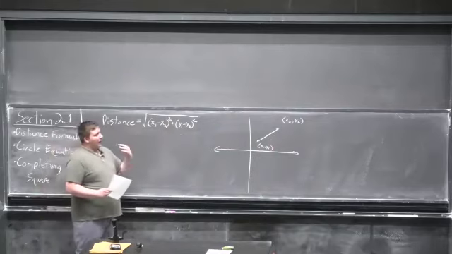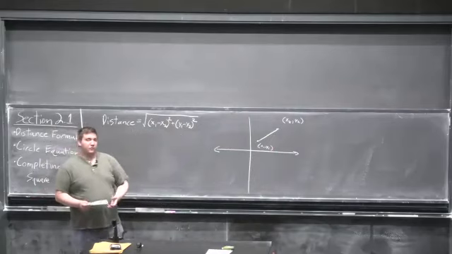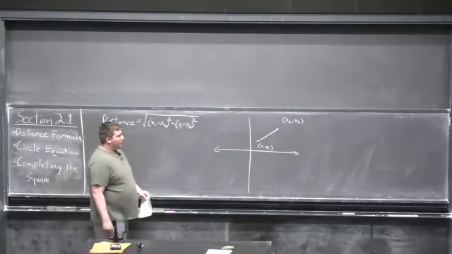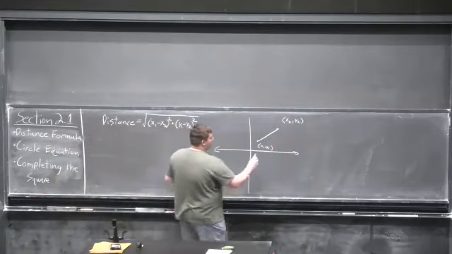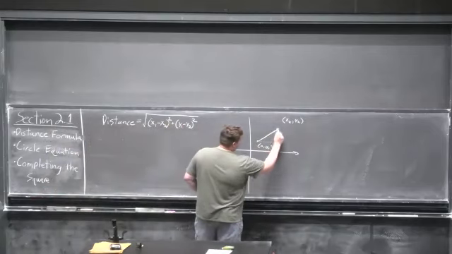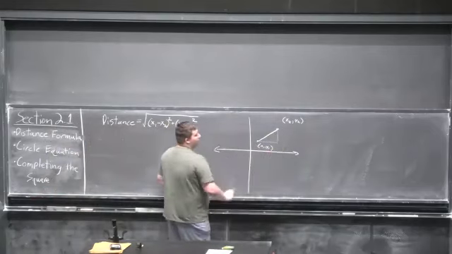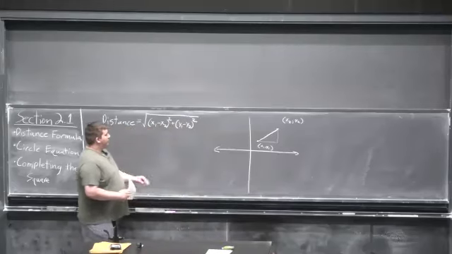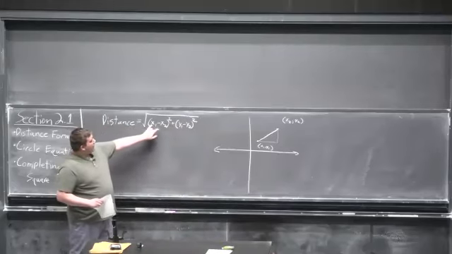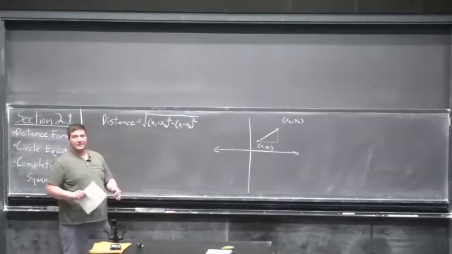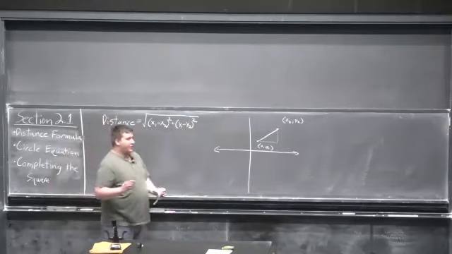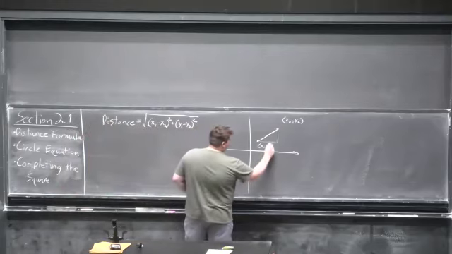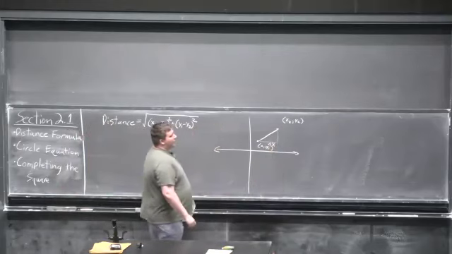And now, how could we view this formula? Well, I can view this formula as sort of like a triangle. I have x1 minus x2, which is essentially my change in x, so I'm going to denote that here with a change of x.